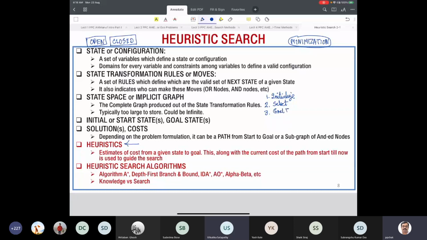Fourth, expand. And fifth was continue, right? Yes. These were my steps. Now, the open and closed lists contain all elements which have been expanded in step 4, right?